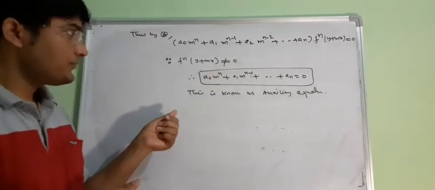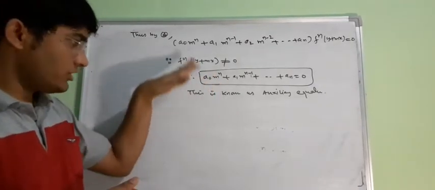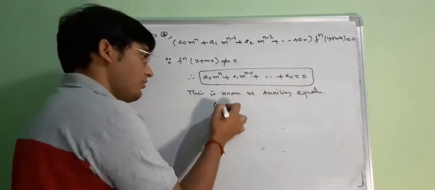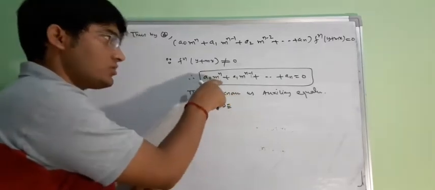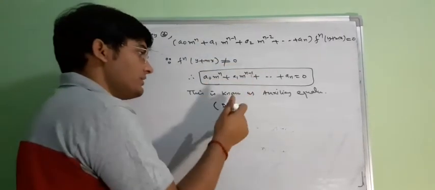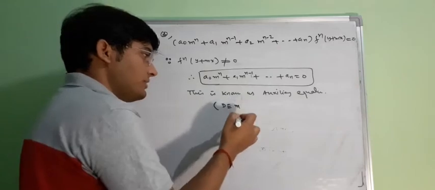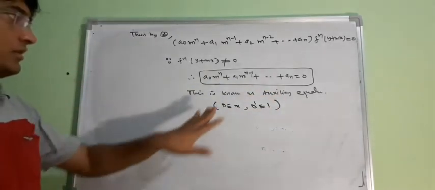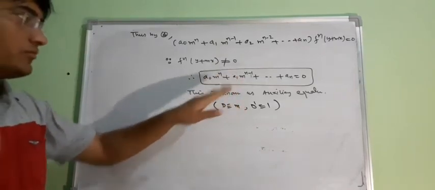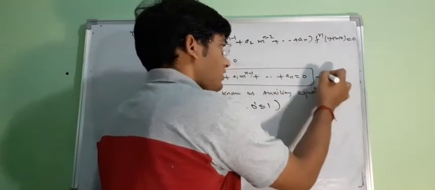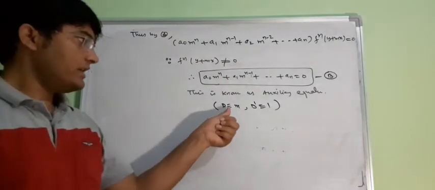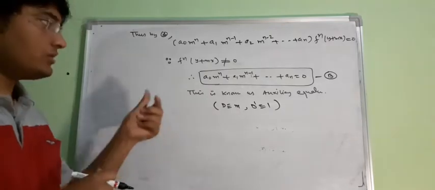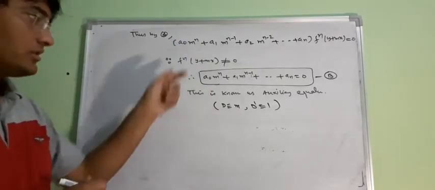Please note that if you compare this equation with equation number A, then you can see that here our D is replaced by M and D dash is replaced by 1. If you check this equation number B and A, then you can observe that our D is replaced by M and D dash is replaced by 1, only in that case where the differential equation is homogeneous.